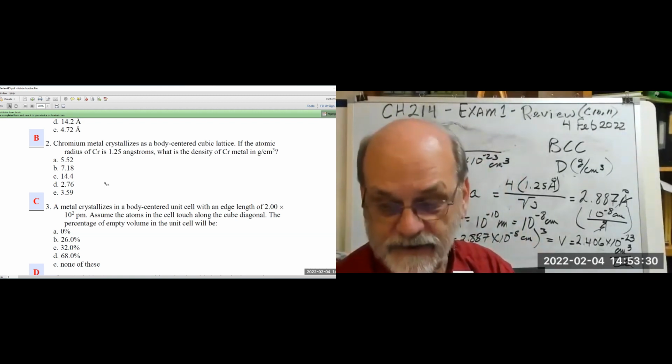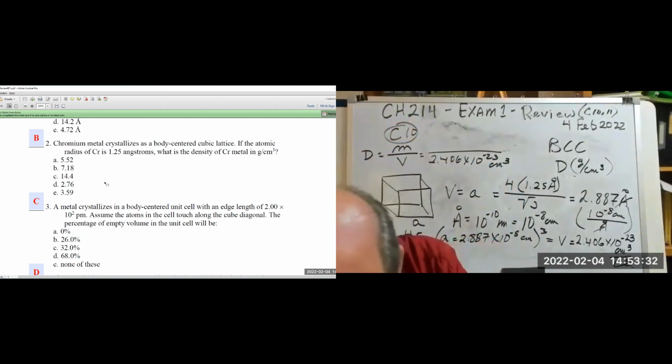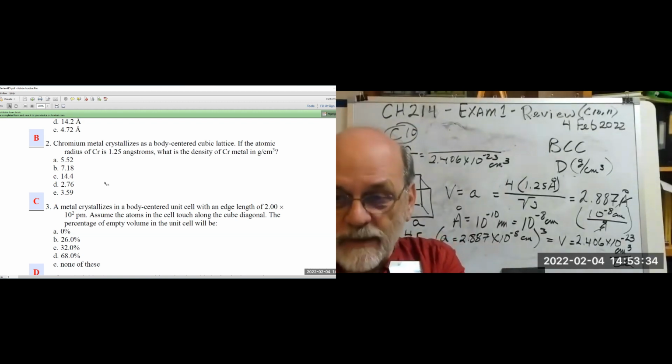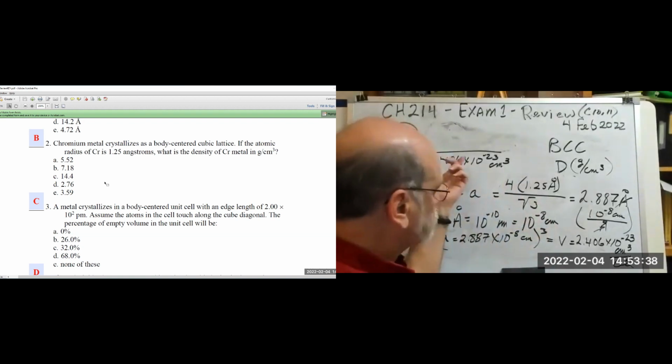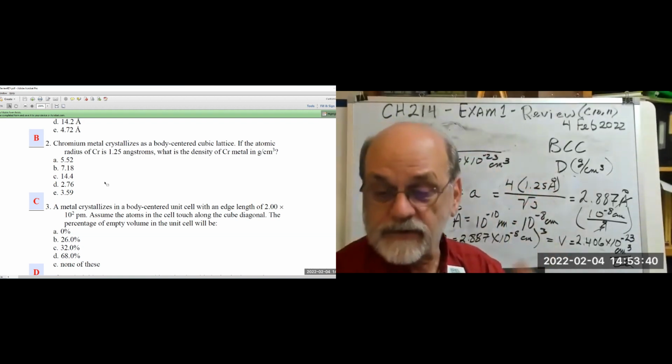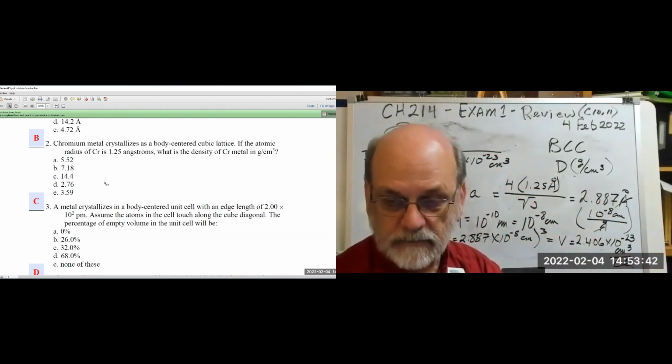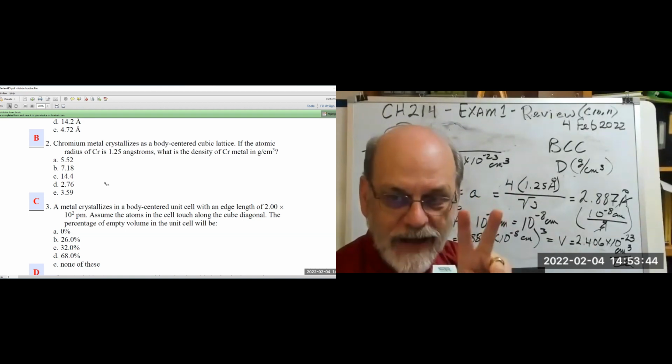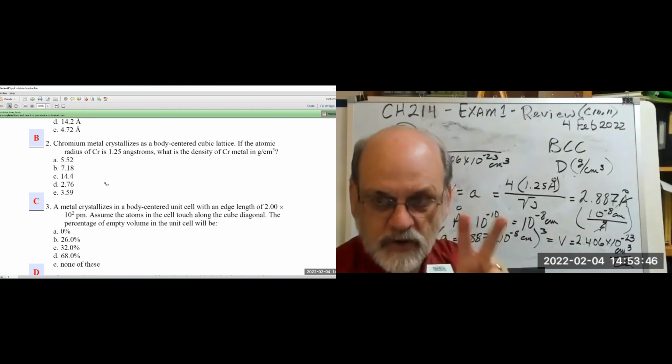Now we need the mass. We need the mass of chromium in that cell. Well, we determined earlier how many atoms are in that unit cell. Now, body-centered cube, there are 2 atoms in there. 2 atoms of chromium.